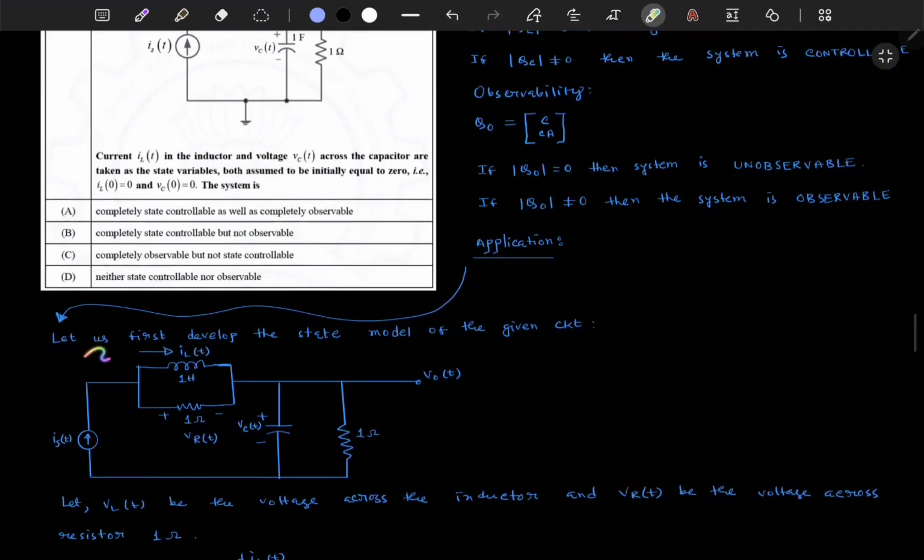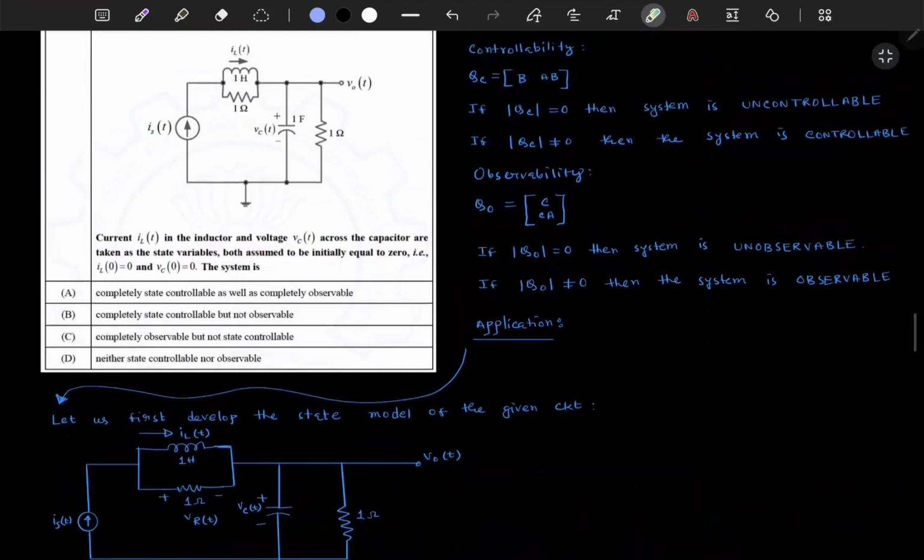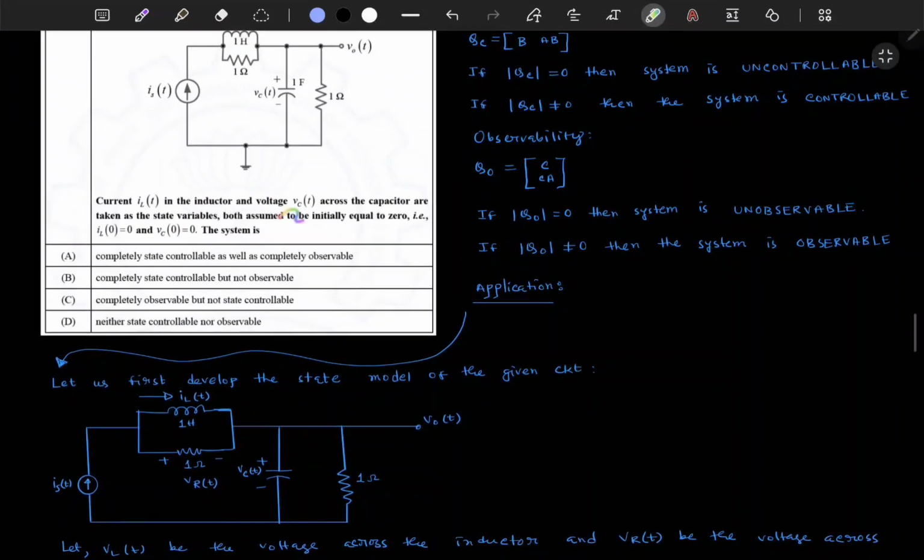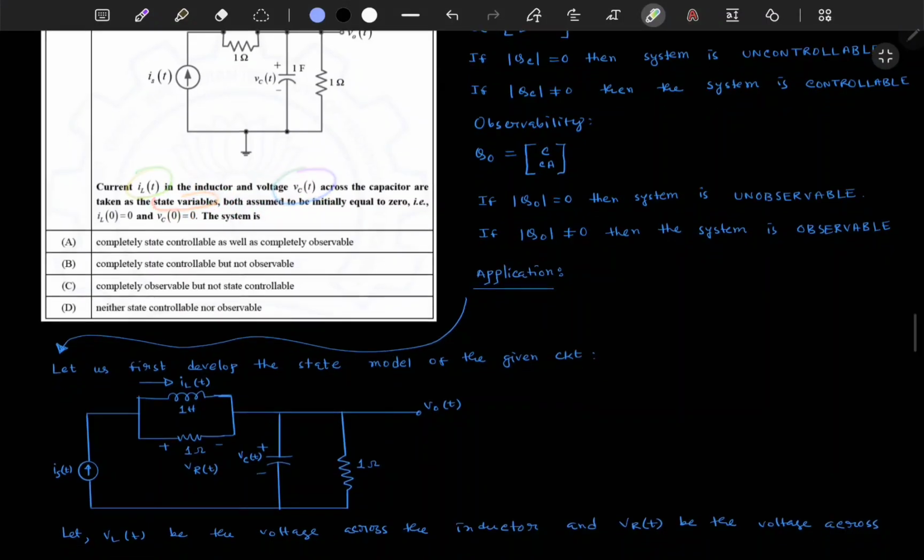Now the application. Let us first develop the state model of the given circuit. In the question it is given that the state variables are these two, and we need to keep that in mind.